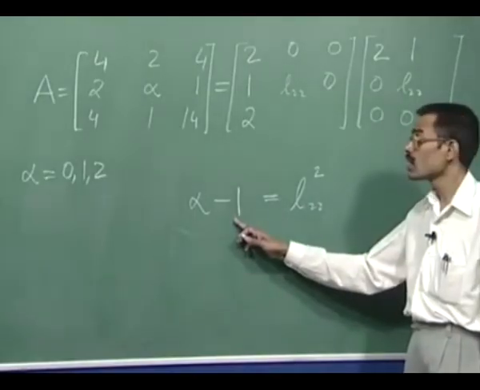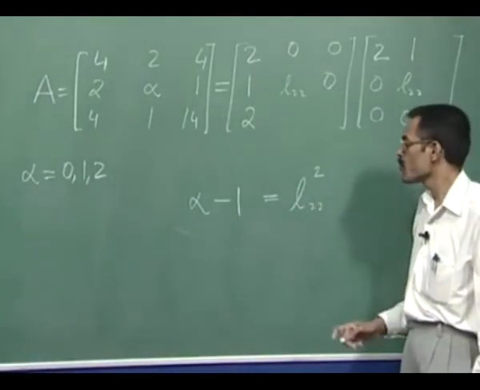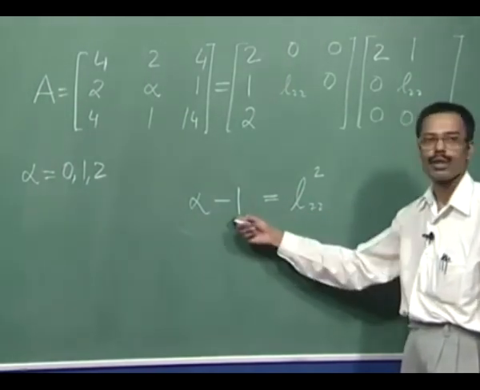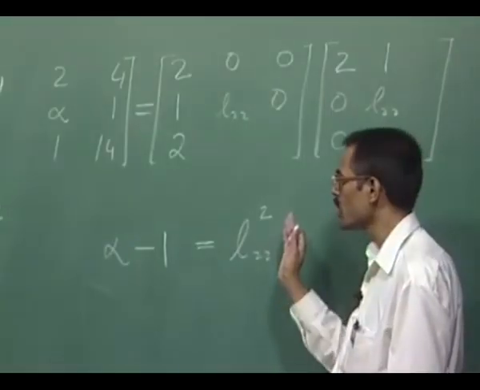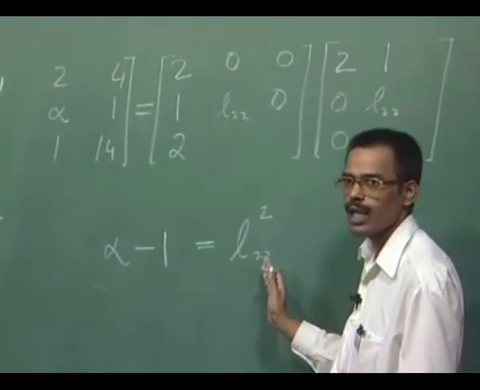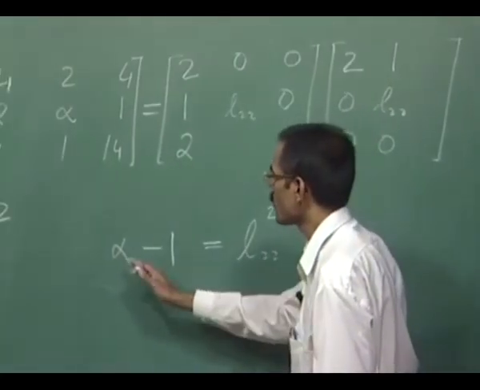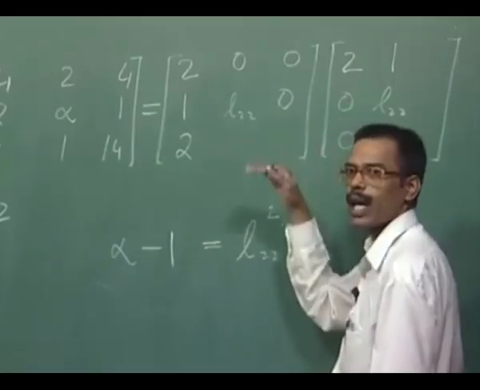That means it will not be possible, because we want the factors to be real. For alpha equal to 1, we will have L22 equal to 0, which is fine at this stage, but at the next stage we will need to divide by that L22 and we will be stuck there. On the other hand, for alpha equal to 2, we will succeed in getting L22 equal to 1 and continue with the decomposition process.